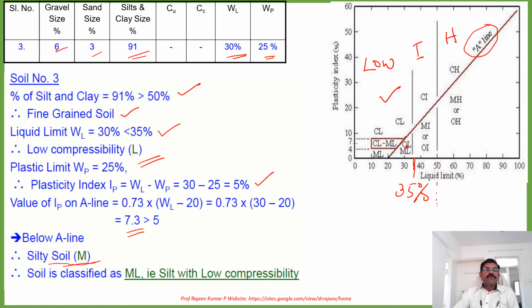So we have silty soil, it is M. Low compressibility means it is denoted with L, so ML. This is the answer for it.